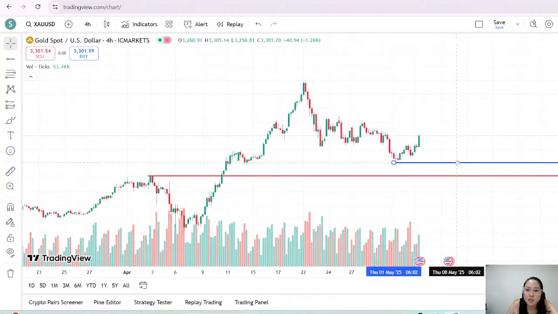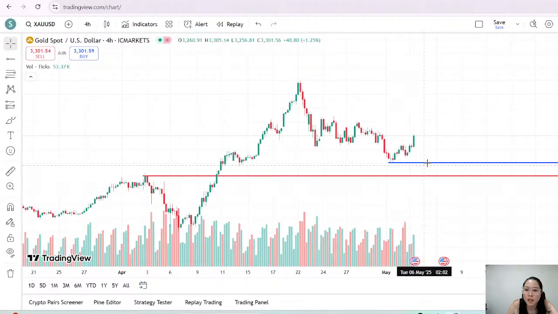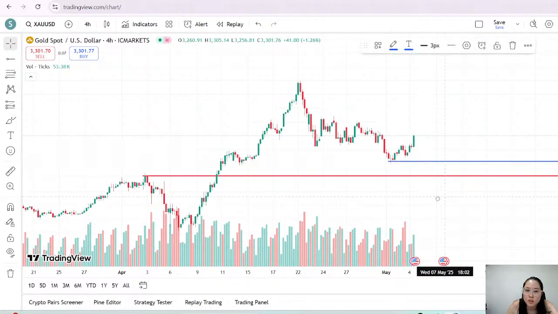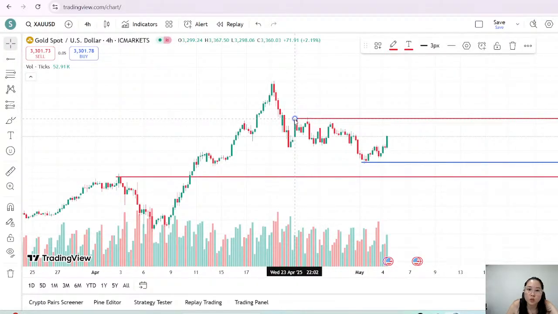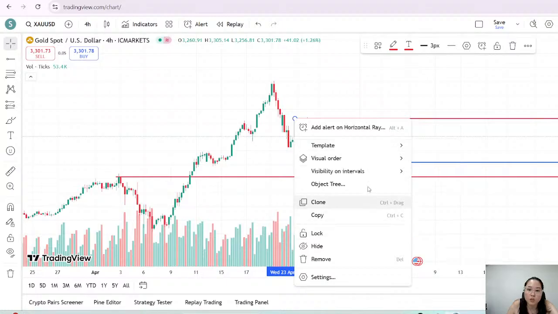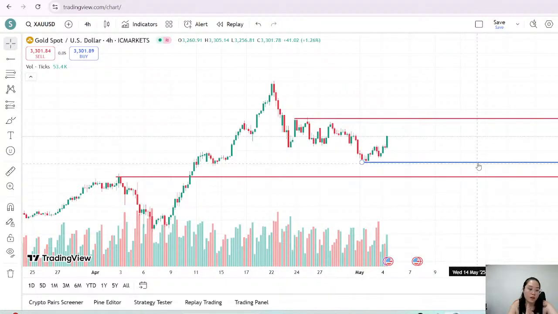Red means stop loss, blue means entry, I'm trying to look for an entry, and green means take profit. So a trade, right? Every time you look at a chart, it's very simple. You need to look for an entry, a stop loss, and a take profit.